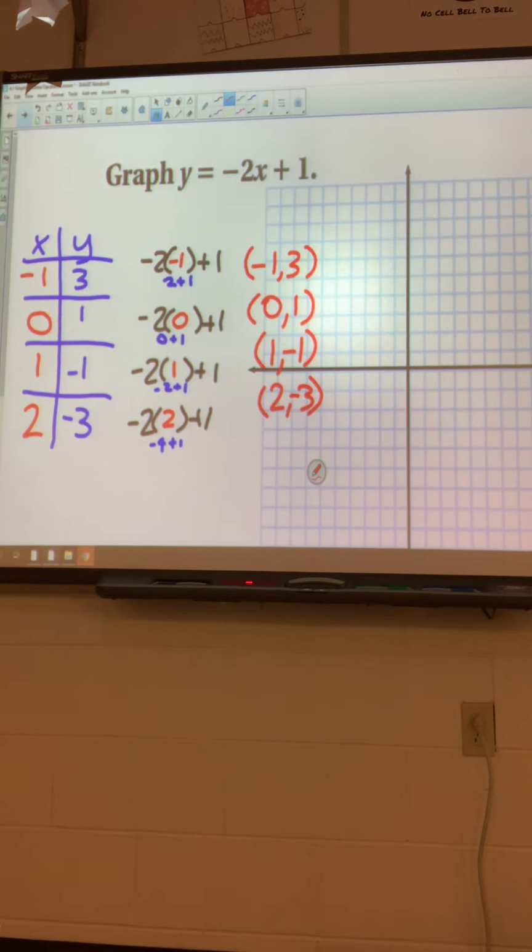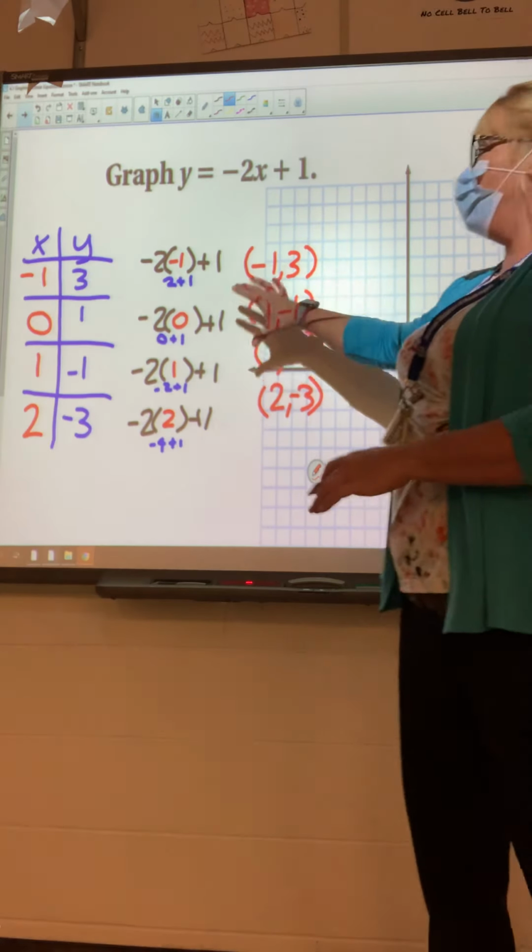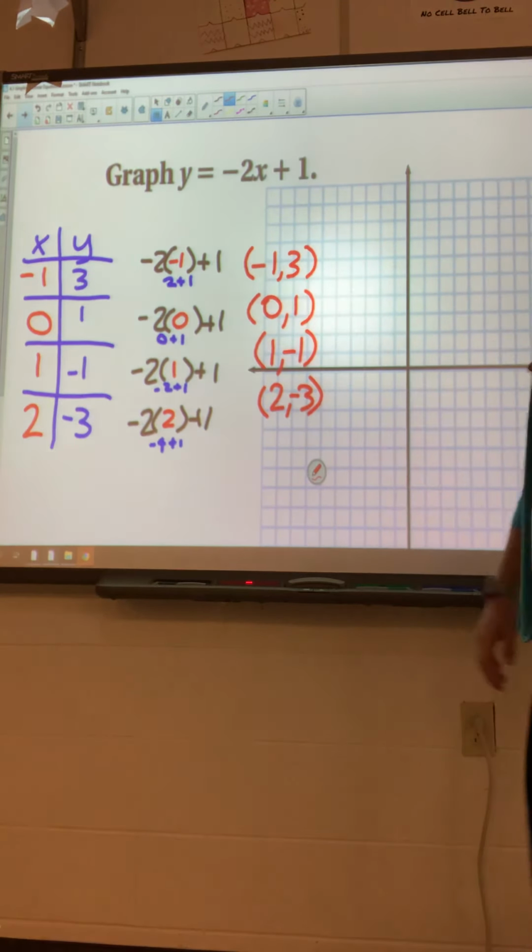When you have them all solved, now you have points, x comma y, and graph it.